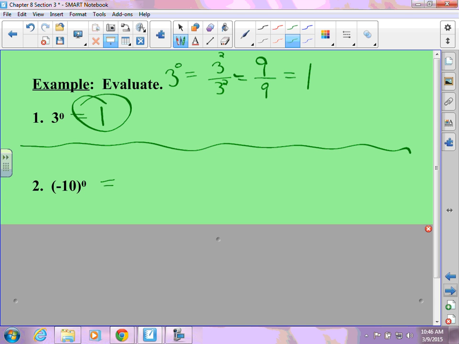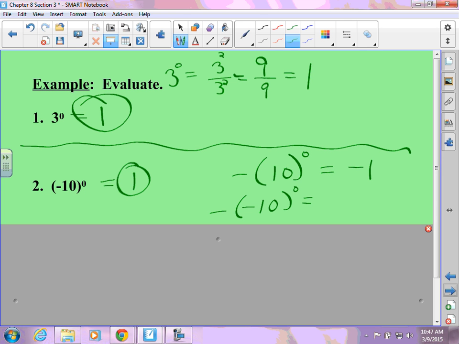What some kids like to do is this. Watch this. Can I chop chop? No. Because negative 10 to the 0 power is positive 1, and the negative comes along for the ride. You can't chop chop. Remember us doing that?